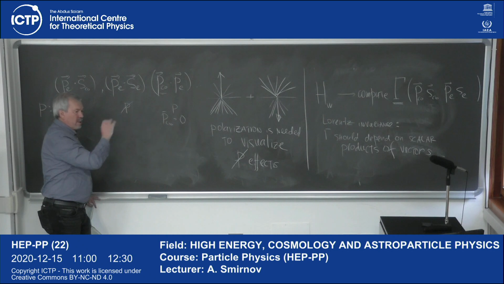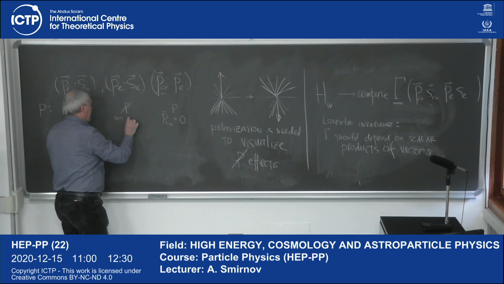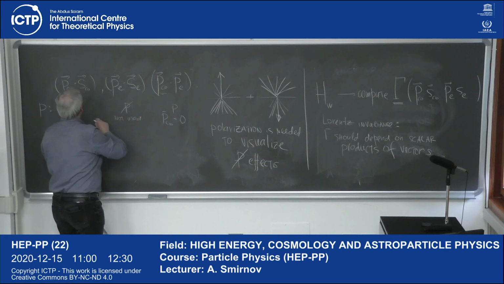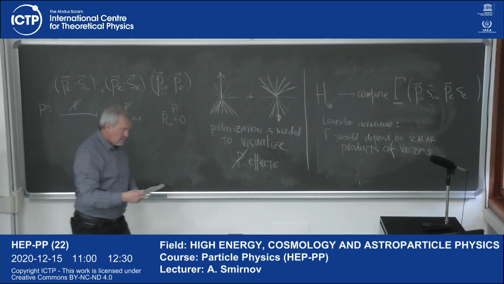You need to measure polarization of electron and then projection of spin onto momentum. So it's just experimentally not reliable here. It's not used. So the only thing left is this scalar product.